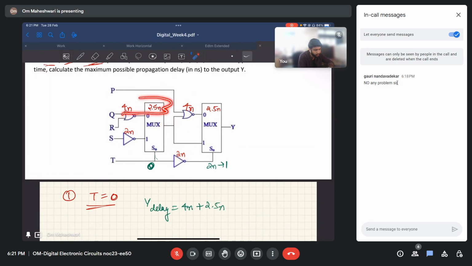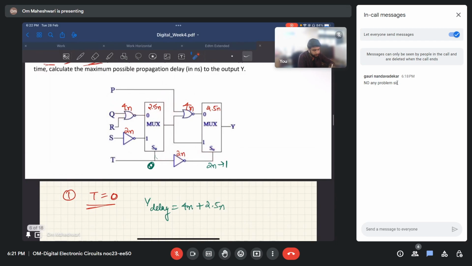We have this 6.5n nanoseconds already taken by this stage. So this multiplexer will already be on by that time. Then this input will go into this NOR gate. We will take another 4n. Now, what is the output here? It is 1 after 2 nanoseconds. So when it is 1, this will propagate here.